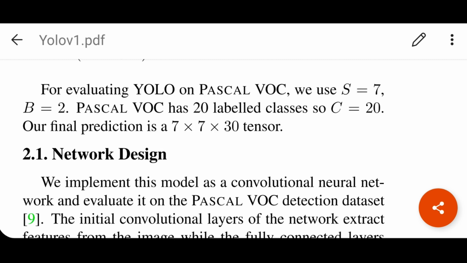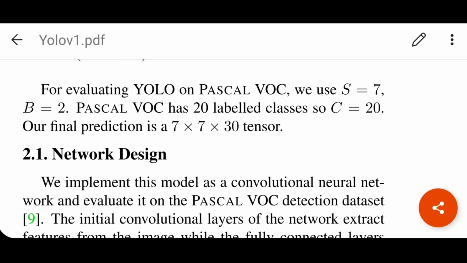For evaluating YOLO on Pascal data, the authors use S equals 7, B equals 2. Until now, this paper has around 13,000 citations. Our final prediction is a 7 by 7 times 30 tensor.